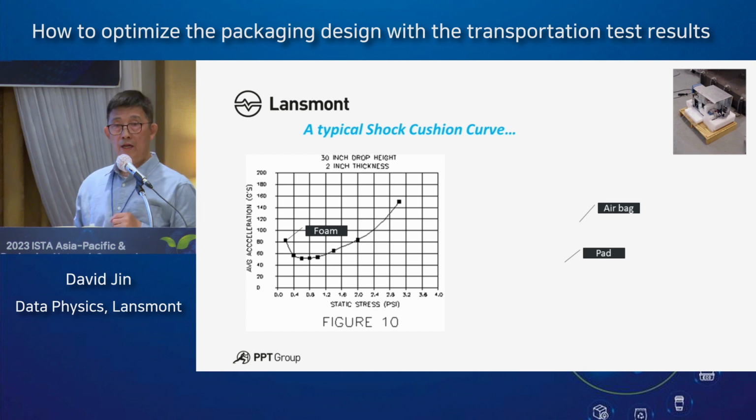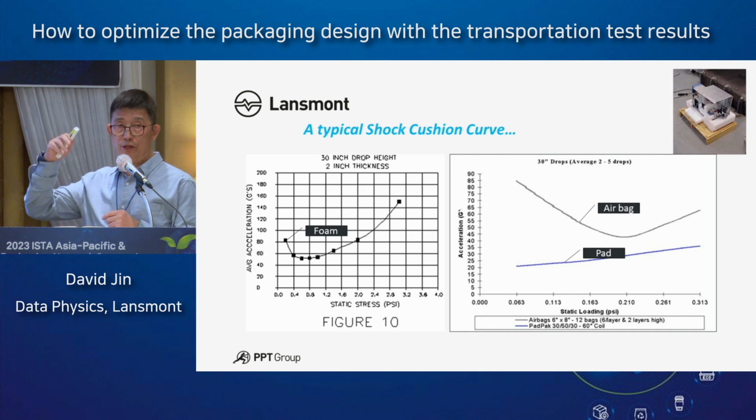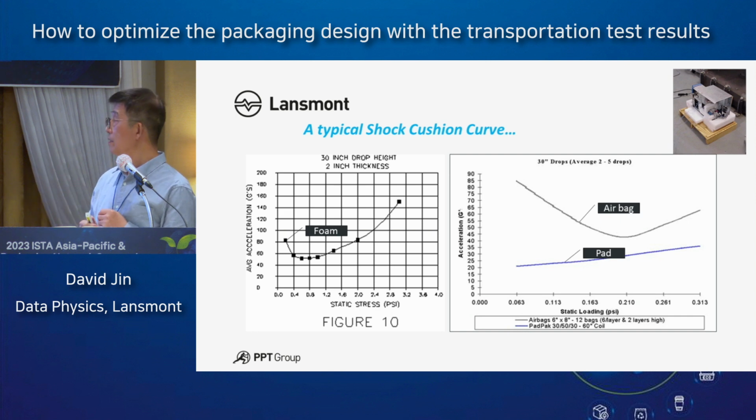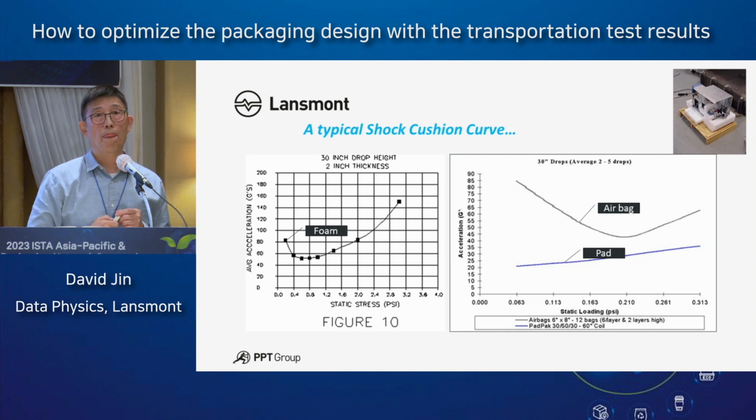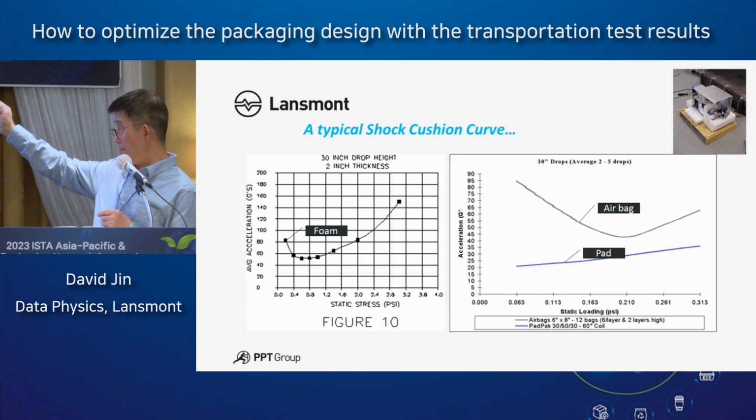The first one is the foam. It's typically EPE foam. This curve represents a 2-inch EPE foam with a certain drop height and pressure. And we can see a different shape for another material, which is the airbag. They have a different curve shape.